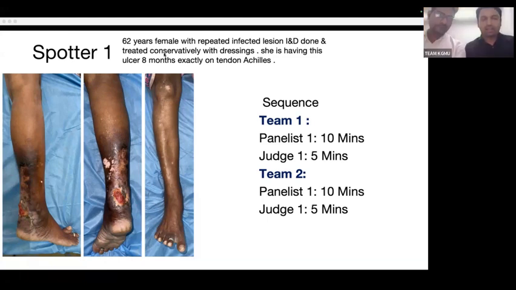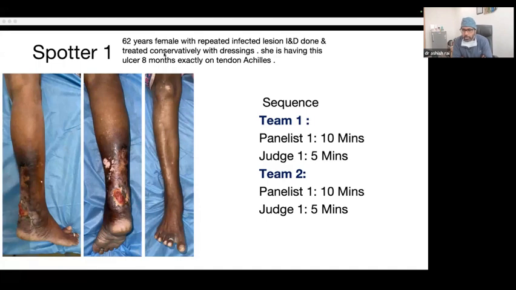So I would like to get an edge wedge biopsy done due to the chronic nature of the ulcer, and a swab culture to detect any colonizer. Very good. So 1 mark to team KGMU also, because this was a past question.